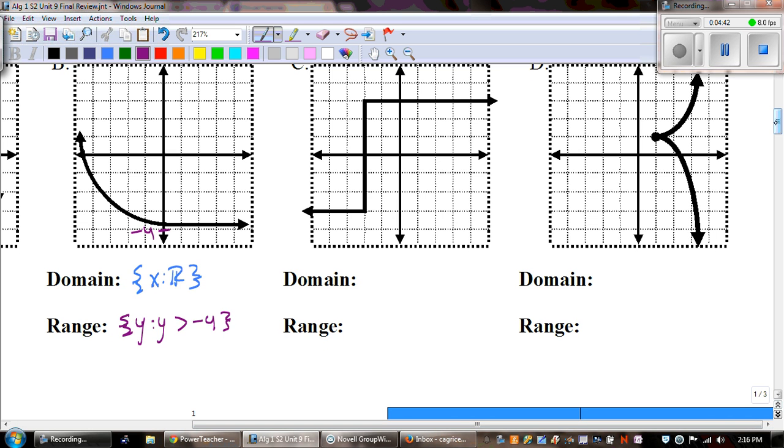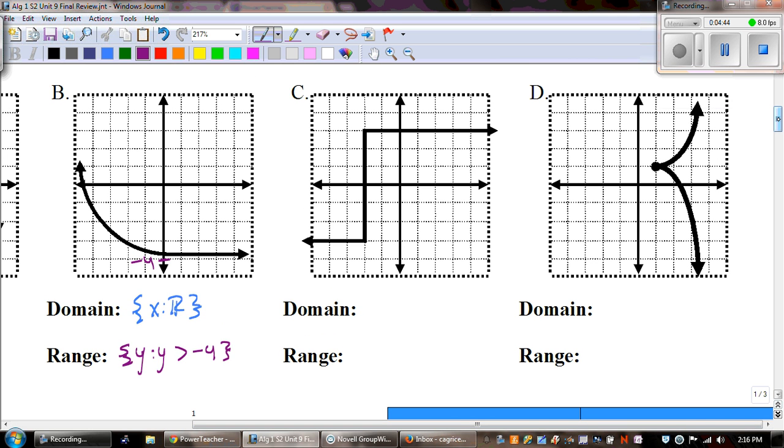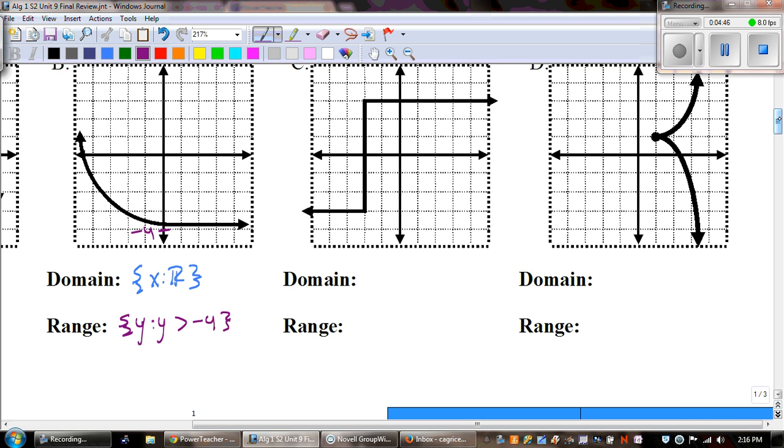All right, C. C is a little tricky. What do you get? First thing you should be looking at is our domain, and it goes on and on to the left and on to the right. So the domain is all real numbers. Now the y, it's like it's higher than that, but it's less than that.